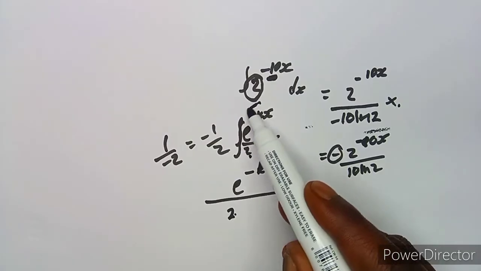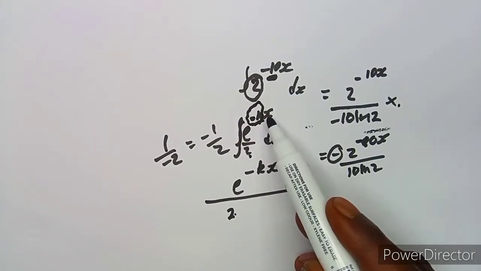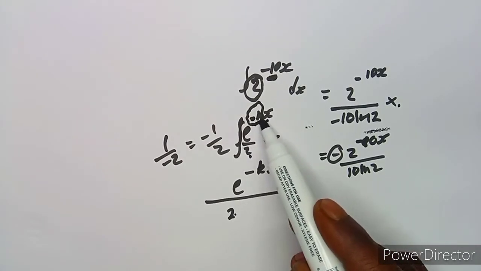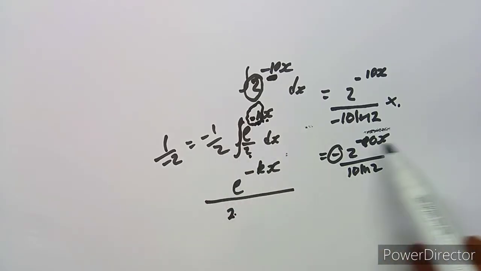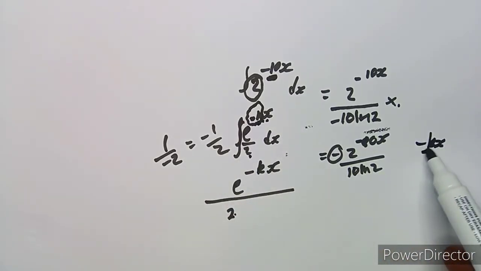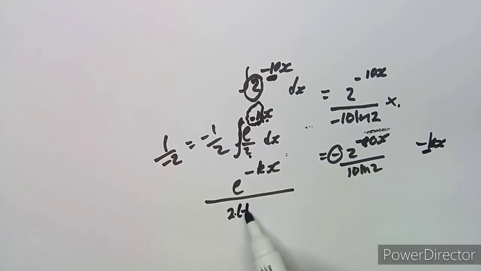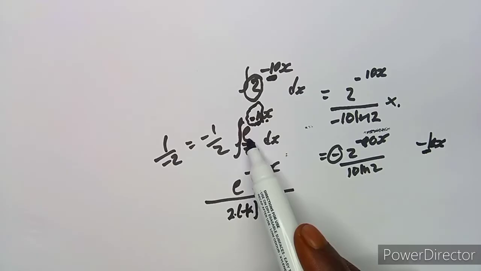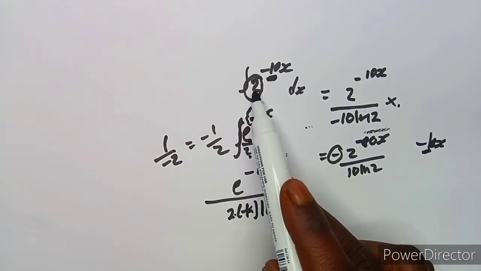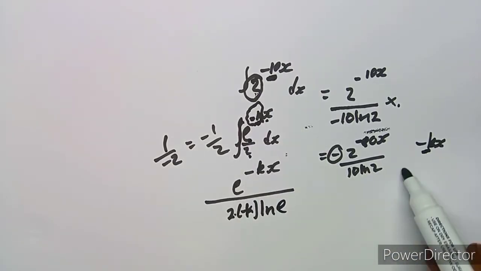Then you find the derivative of minus kx, which is minus k, so it's going to be minus k ln e, just like ln 2, but we know that ln e is equivalent to 1, so this is going to give us a 1.